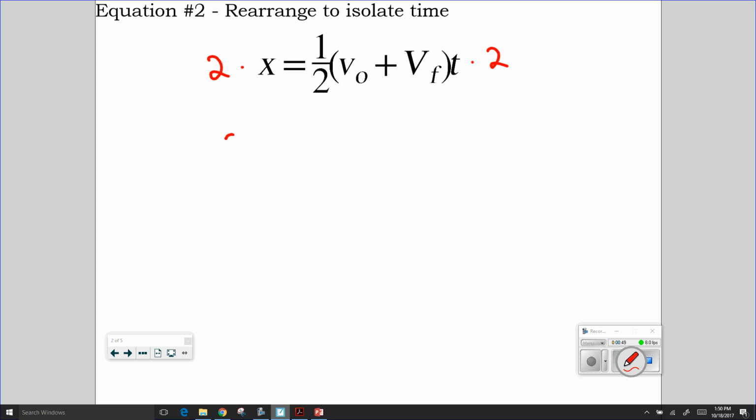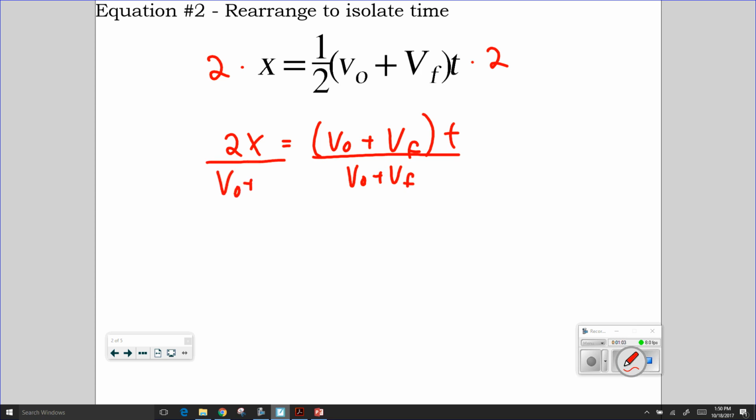And that'll leave me with 2x equals (v0 plus vf) times time. I'm going to divide both sides by v0 plus vf. These terms cancel out, and I'm left with this equation, 2x over (v0 plus vf) equals time.